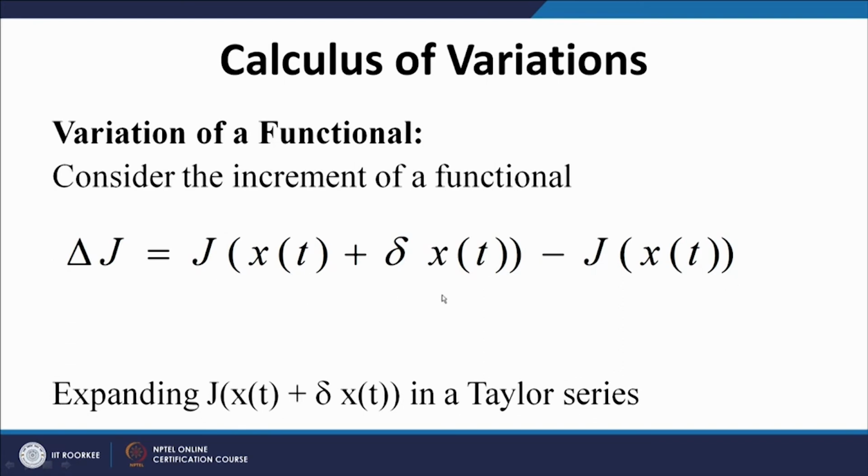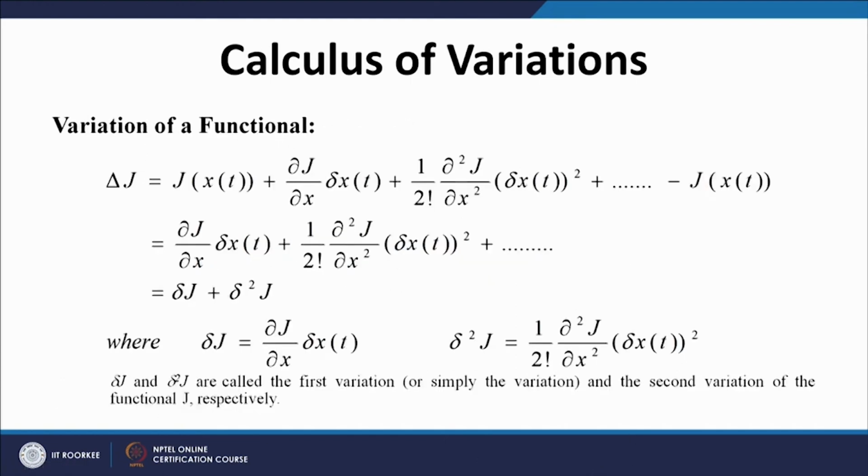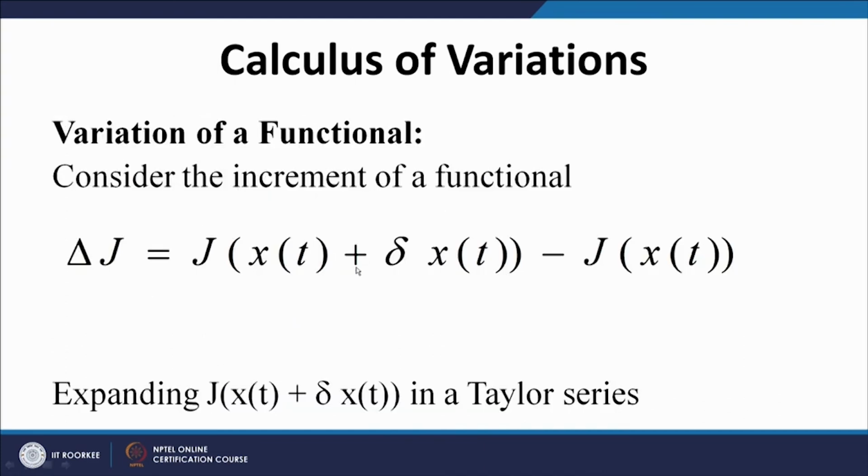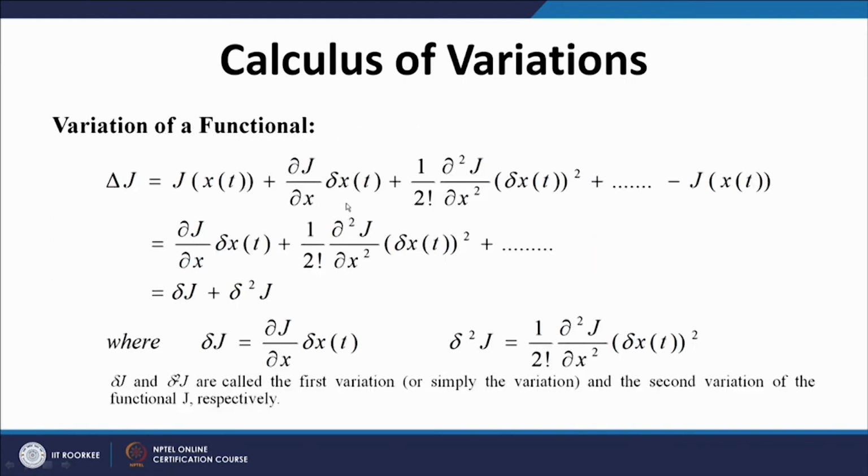We are expanding j of x t plus delta x t using Taylor series. My first term will be j of x t, second term will be del j by del x delta x, next term is 1 upon factorial 2 del 2 j by del x square delta x t square, then we have the higher order terms, minus j of x t.